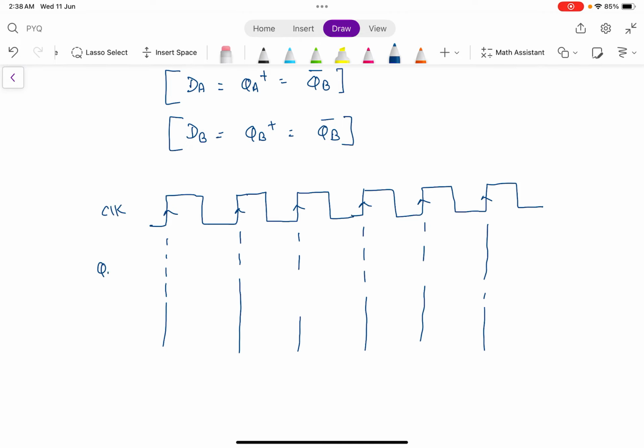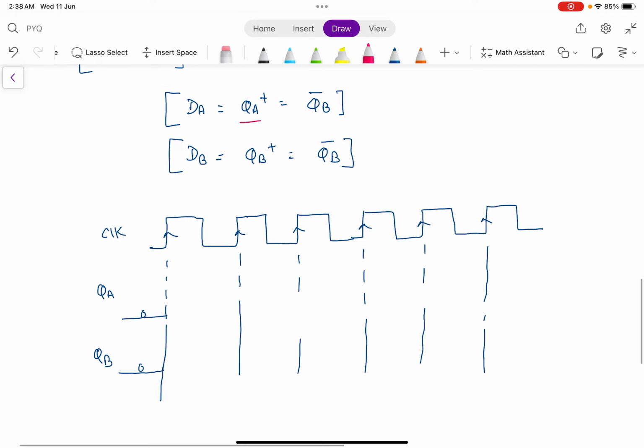Now again we will write QA and QB. Initially both are at 0, 0. Now start writing QA plus, which is the complement of QB, and as QB is 0, the complement is 1. So this becomes 1.